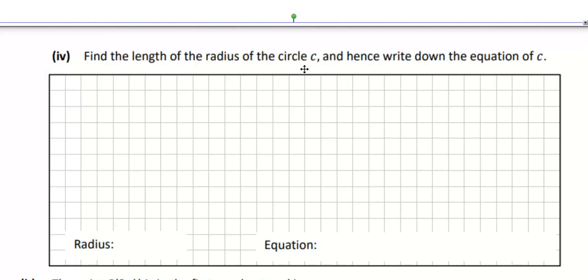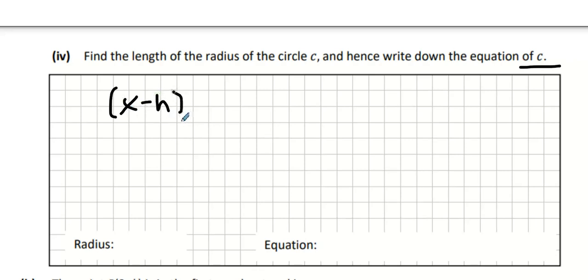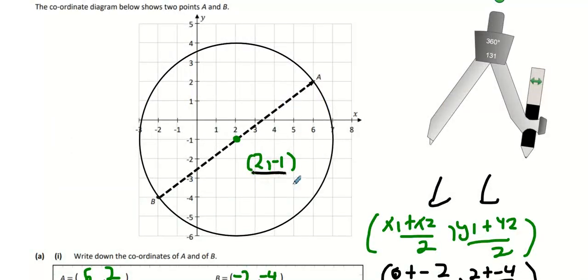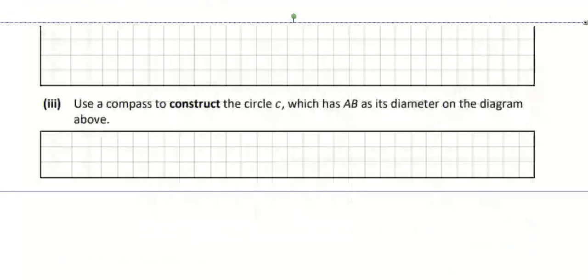Now, find the length of the radius of the circle C and hence write down the equation of C. Equation of C means equation of a circle, which means x minus h squared plus y minus k squared equals r squared. Now, without doing much work, we know that (h, k) is the center of the circle. And we know the center of the circle has to be (2, minus 1).